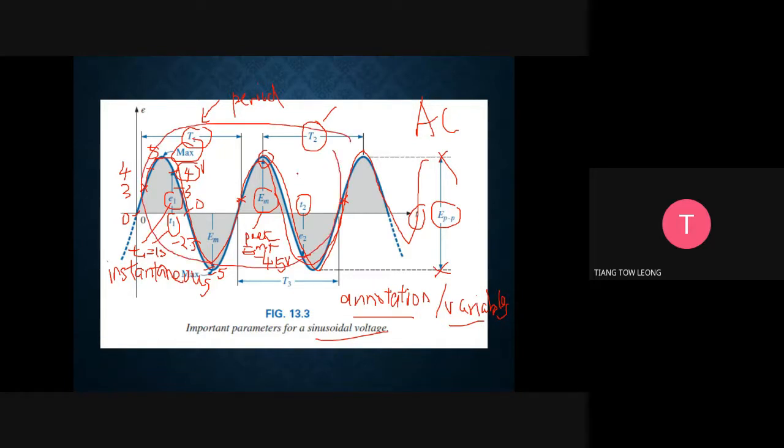No, it is not. Just now I did a wrong thing. I need to tell you that this is the voltage versus time. Then we need to let the audience know we are talking about voltage versus time. So the Y axis is E, and the X axis is T. Overall, it becomes a sinusoidal voltage.